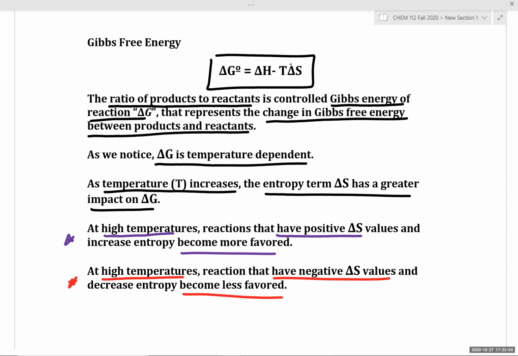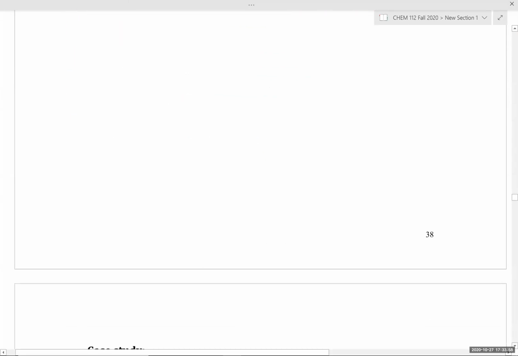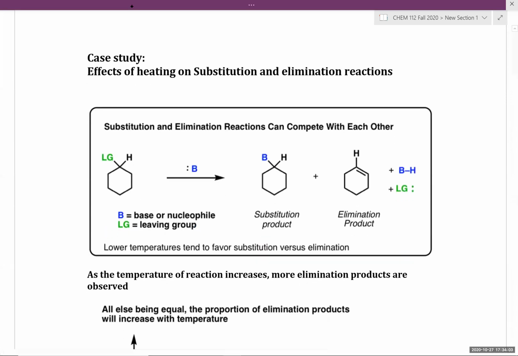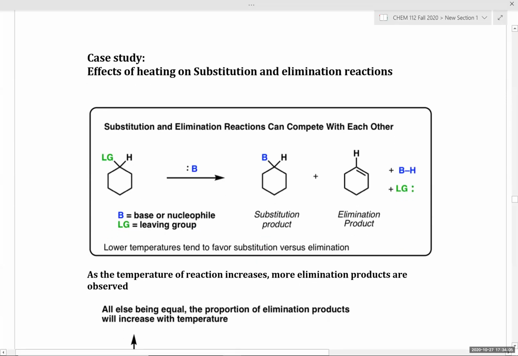Okay, so let's look at a practical example of how this works. When we discuss substitution and elimination reactions, heating has a substantial effect on whether we observe substitution or elimination. There are two competing reactions at play when we consider a typical substitution reaction.